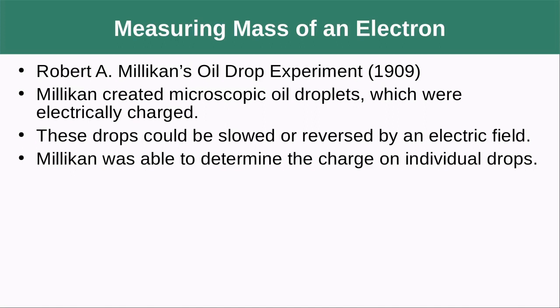The next experiment was by Robert Millikan with his oil drop experiment. What he was doing was taking microscopic, really tiny oil droplets, and he was able to electrically charge them. He then exposed them to an external electric field, and he was able to slow or even reverse them.